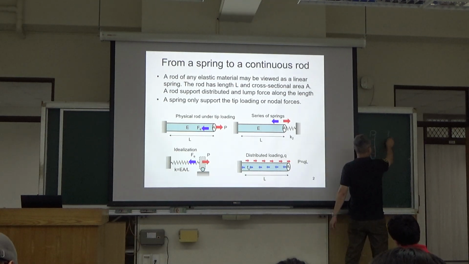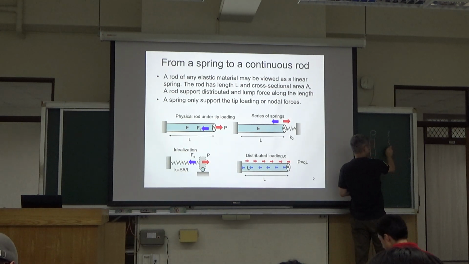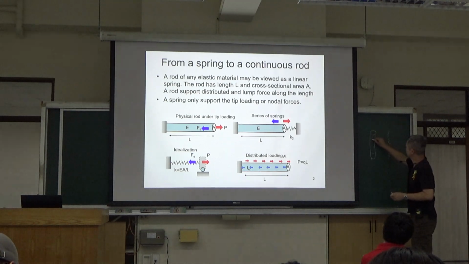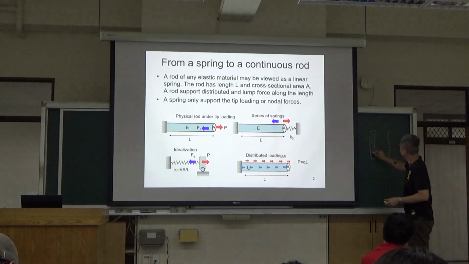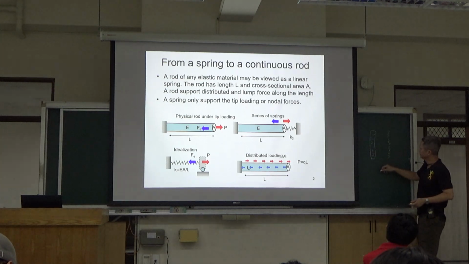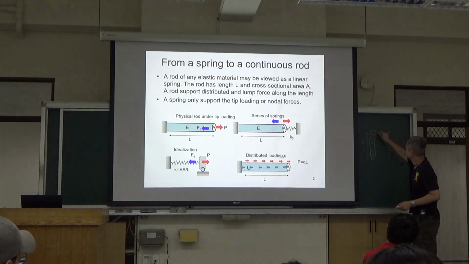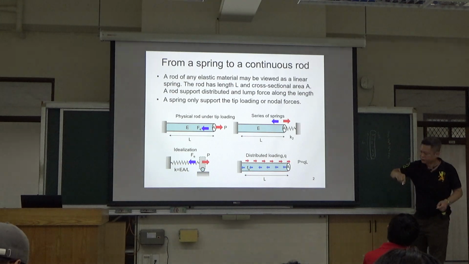So you could have one spring, two springs, and three springs. So you have one element, 1, 2, 3, 4. If this whole length is L, you could divide it into quarters.